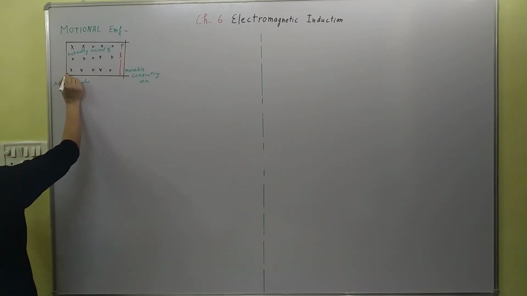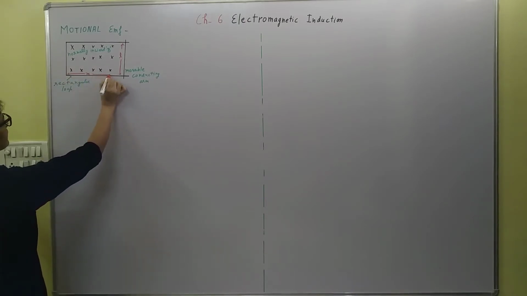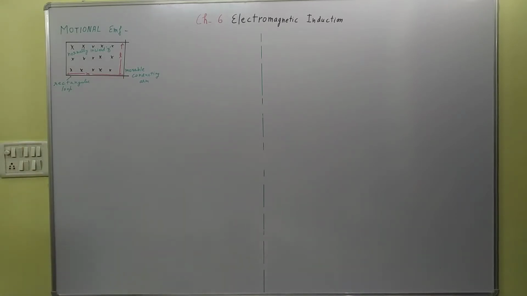And this is the distance x on which this movable arm moves, right?